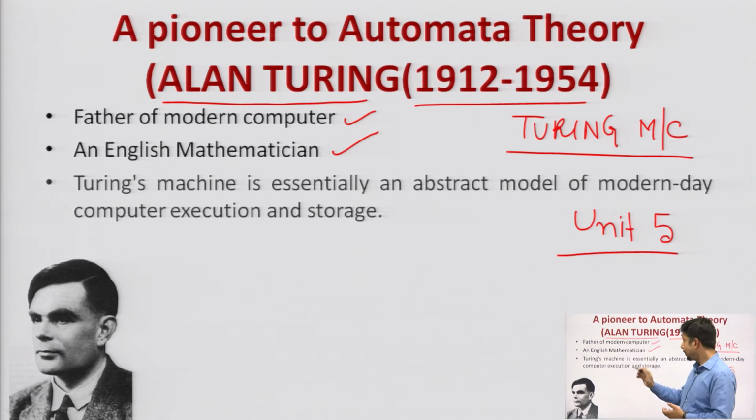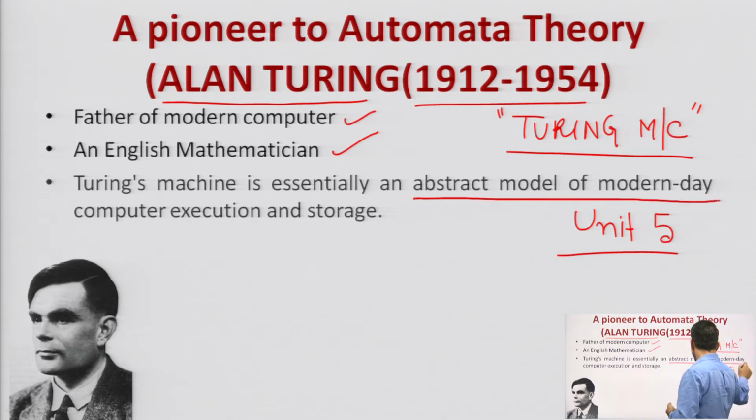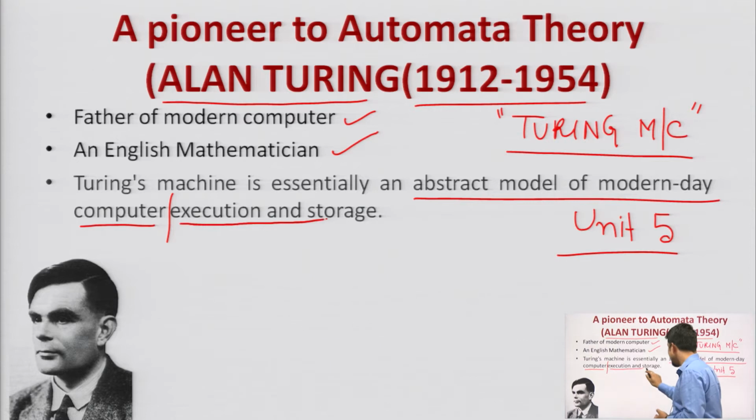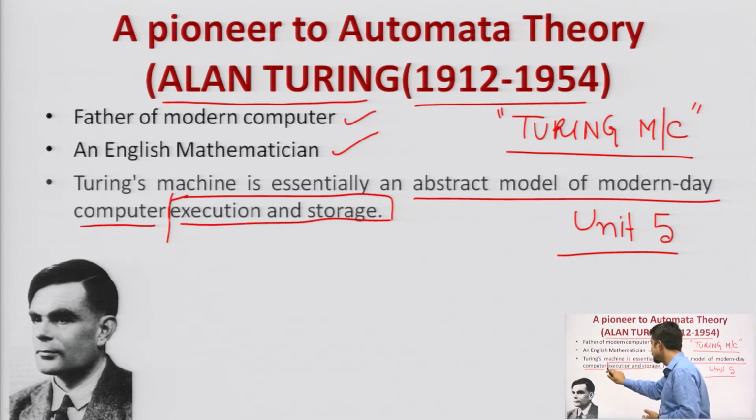The Turing machine that I have already mentioned is essentially an abstract model of the modern day computer. What it does is the execution and storage part. If you look at these two points, execution and storage, that means what I have told you: a set of inputs producing some output, with some processing.